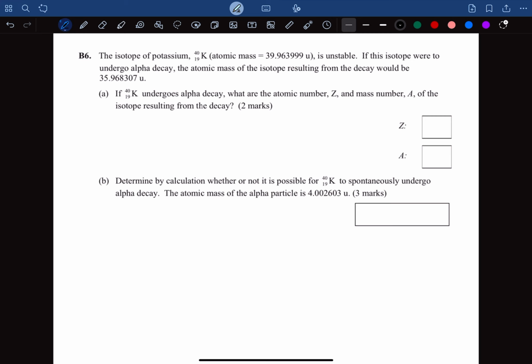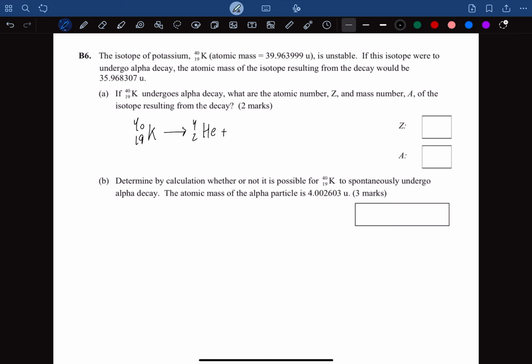The most important part is to start with our parent nucleus, which is potassium, and it turns into something. We know that this is alpha decay, so I'll put the alpha particle here.